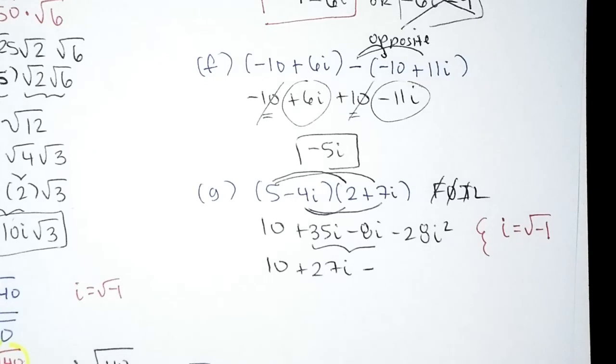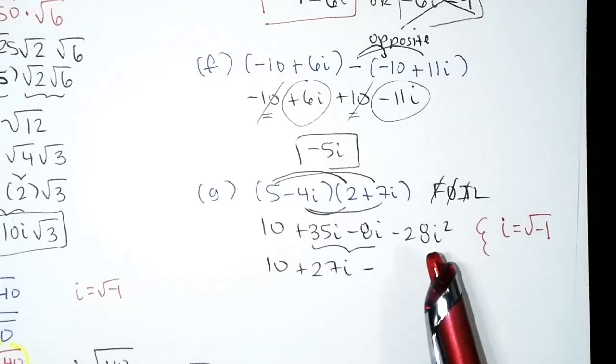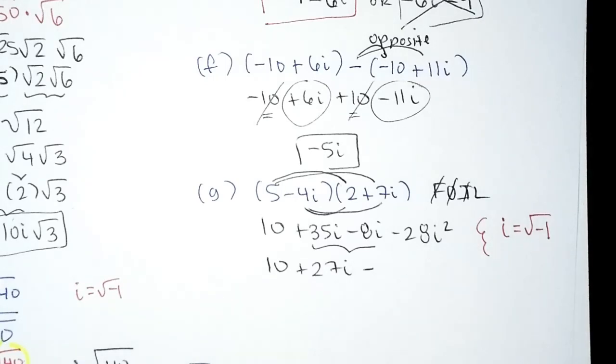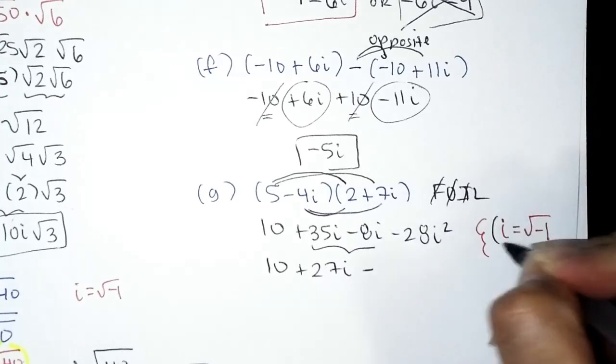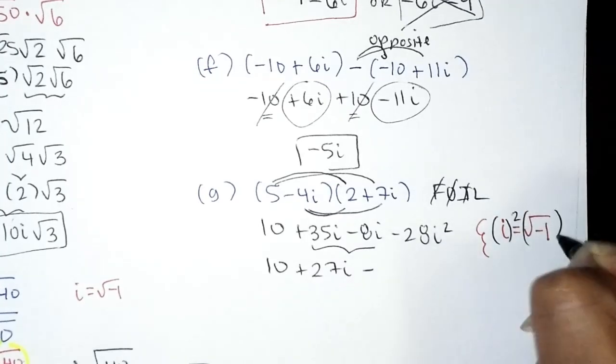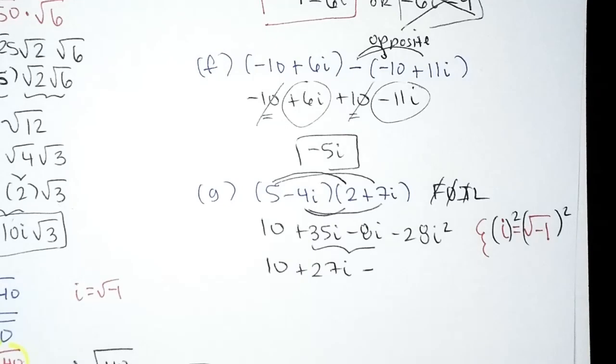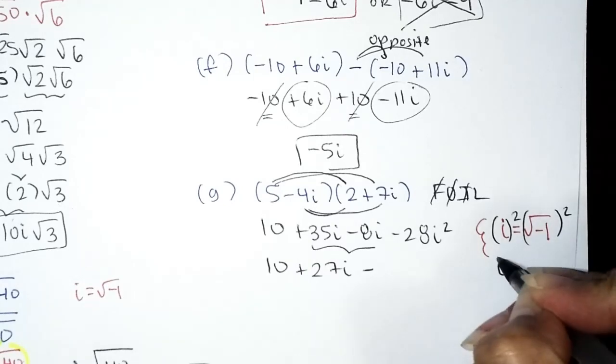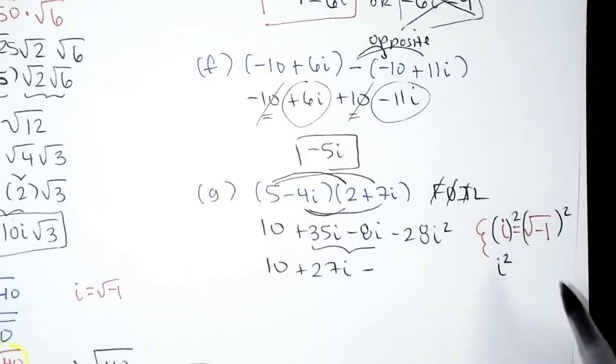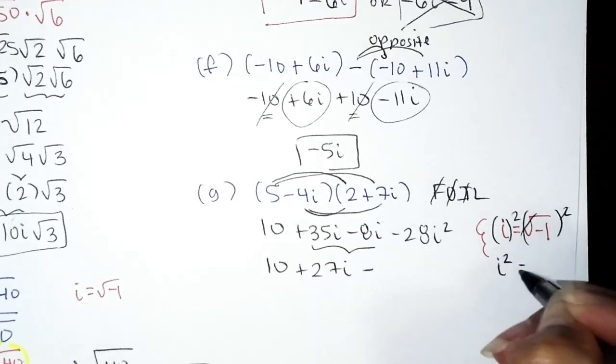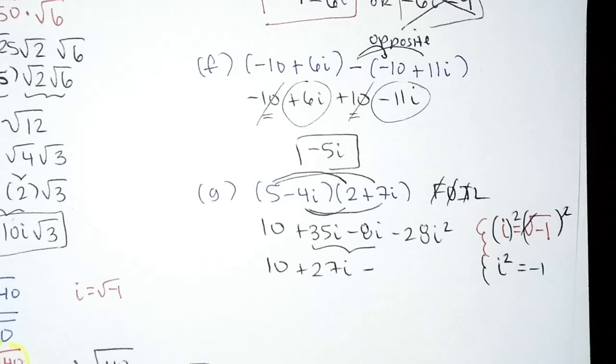But I want to fix it so it looks like i squared. So let's square both sides, because we want to know what i squared is. When we square both sides, the square of i is just i squared. On the right side, the square and the square root undo each other, and that leaves us with negative 1. So we can very quickly build it.